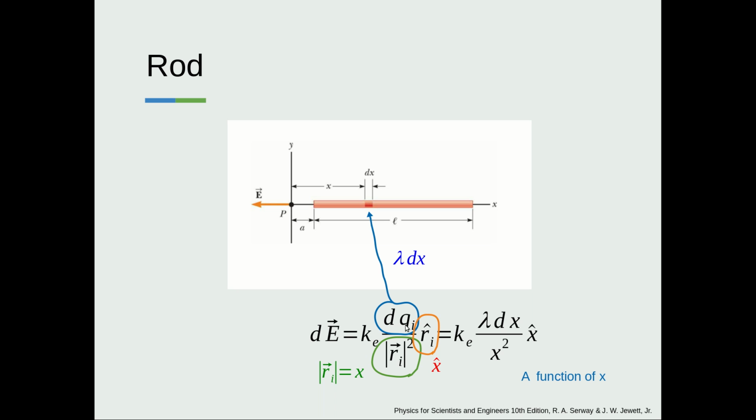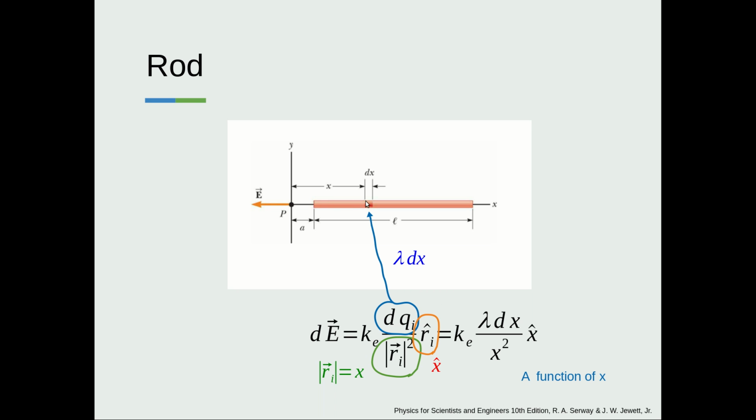So the charge here, we can turn it into the line density multiplied by the length of a little unit for your integration. So this is lambda dx. And now we are standing right here.